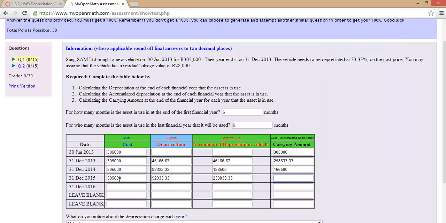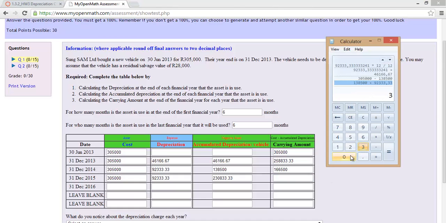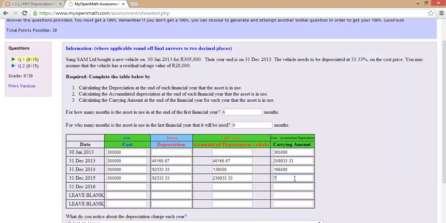My carrying amount is then the 305 minus the 230,833.33, which is equal to 74,166.67. Okay, so I hope you're beginning to notice something here about the depreciation charge. You'll see that it's the same every year.